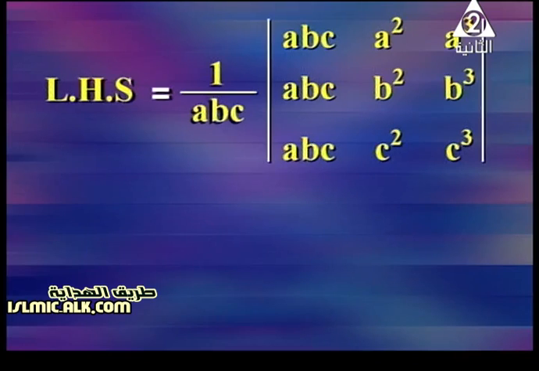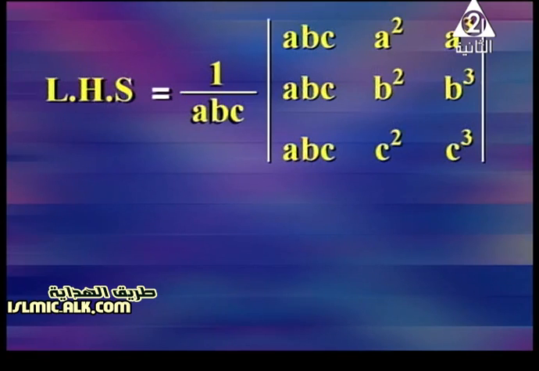The determinant becomes: the first row is abc, a squared, a power 3. Second row, abc, b squared, b power 3. Third row, abc, c squared, c power 3. We have abc as a common factor in the first column.